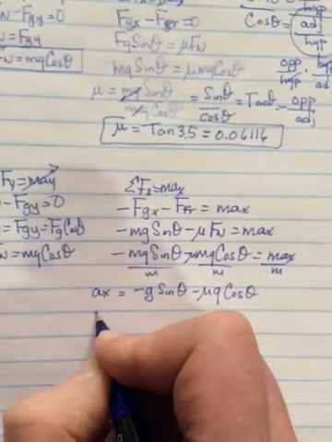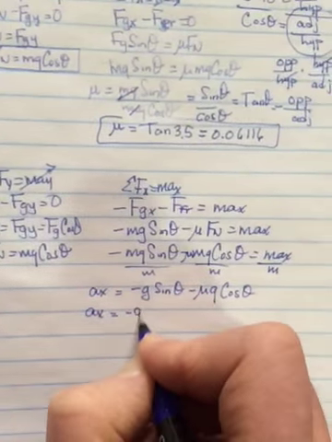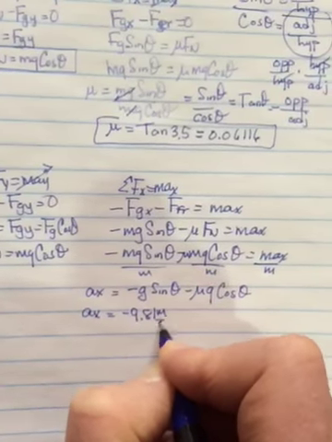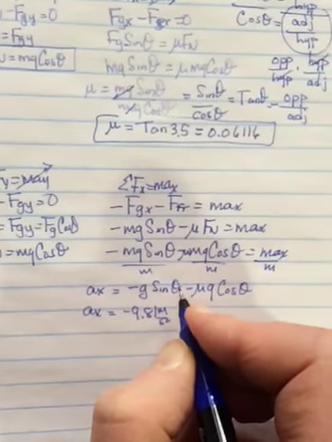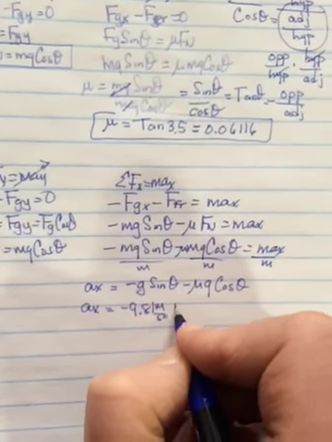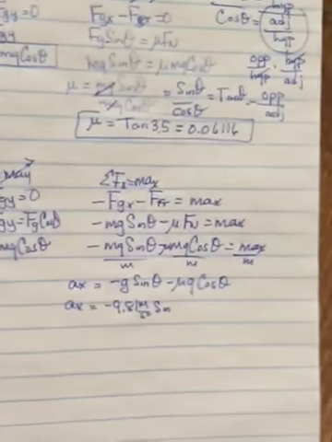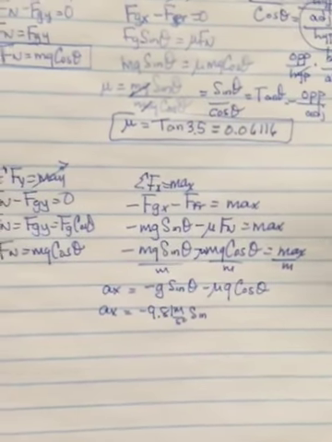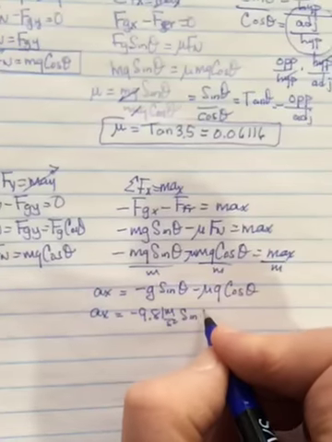Now you're going to fill your numbers in. So a_x is going to be negative 9.81 meters per second squared times the sine of, it was 25, right? Check. Yeah, sorry, I knew it was the sine, it was the angle when I said I think it was.